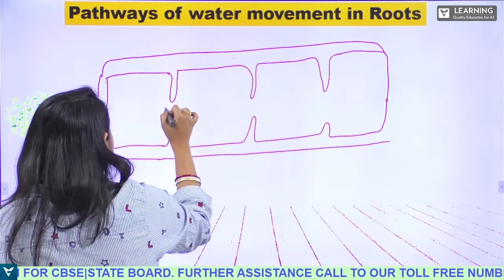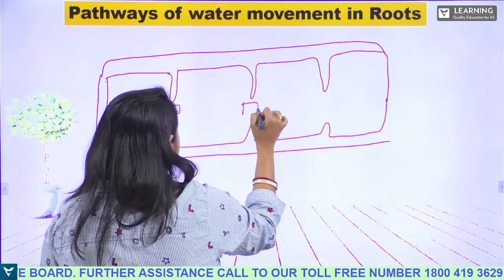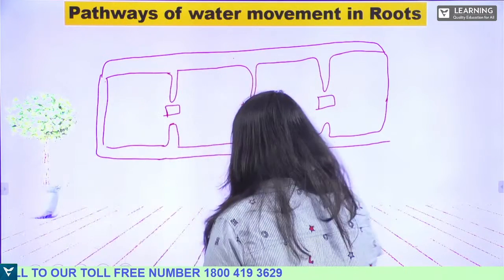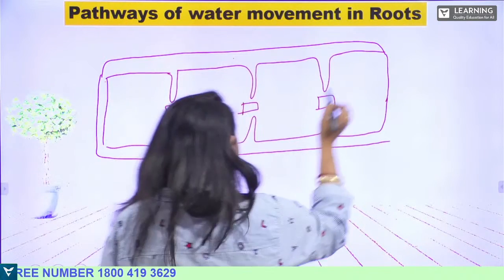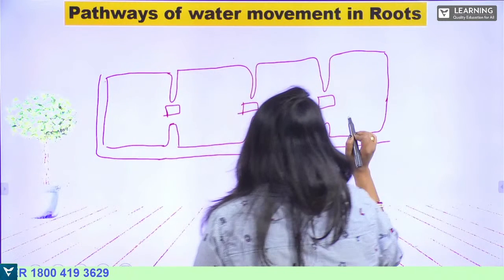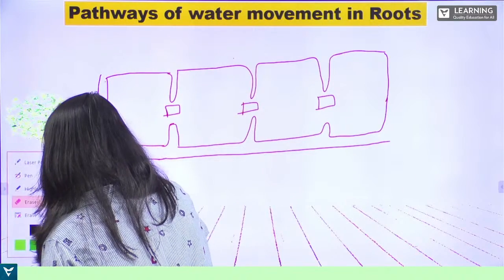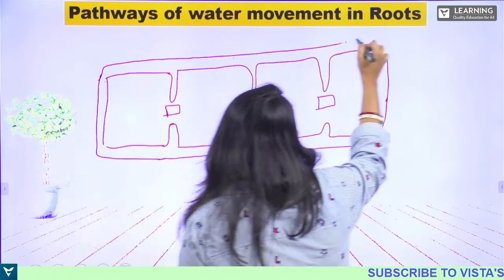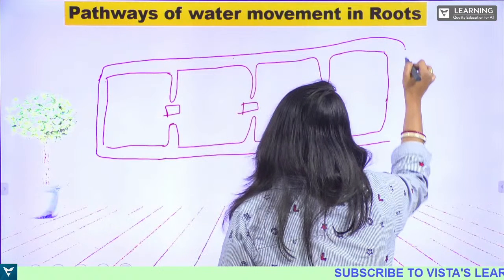And here, this is the plasmodesmata. Now see, this is not done. Let me draw it properly. This is like this. This is the cell membrane.